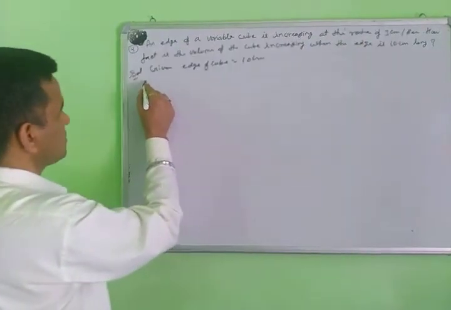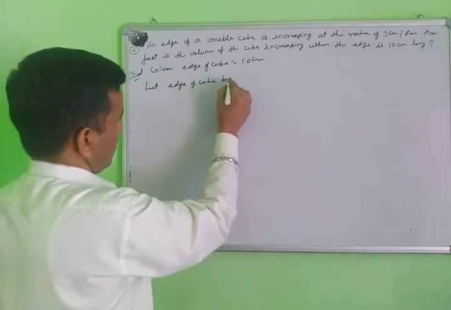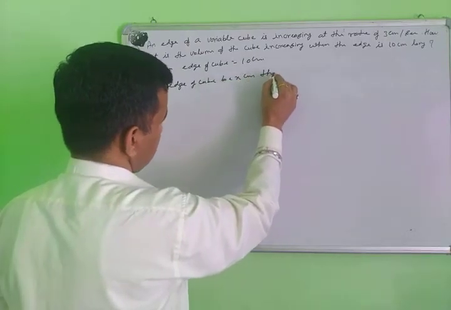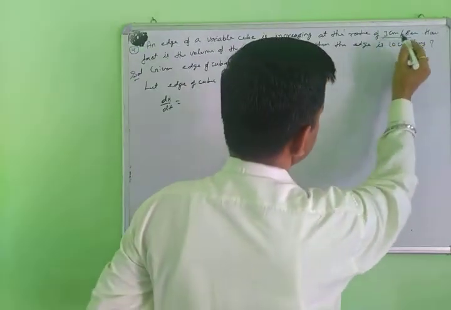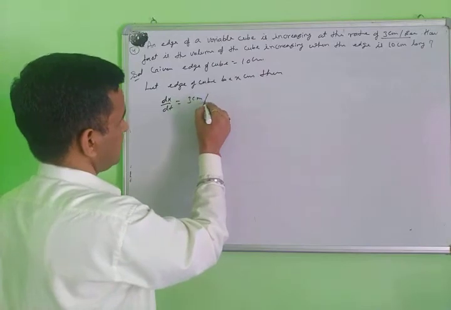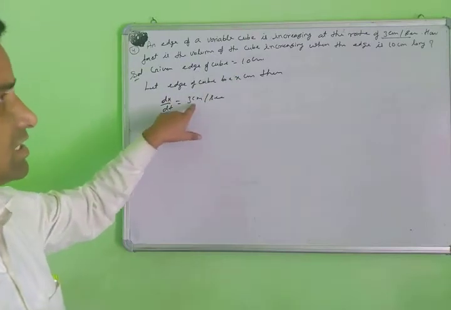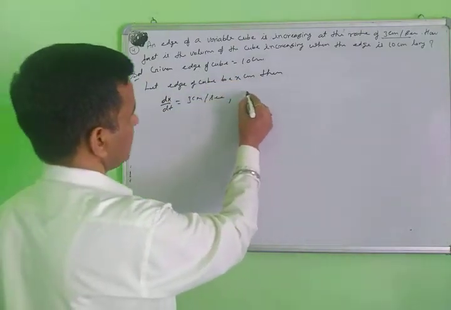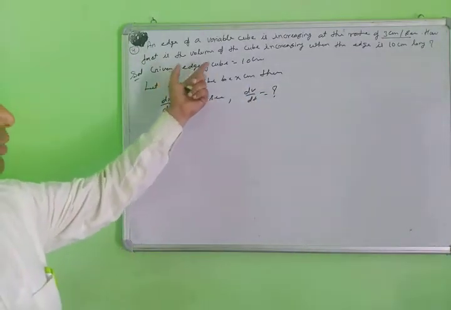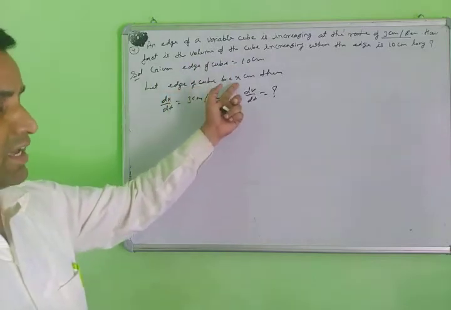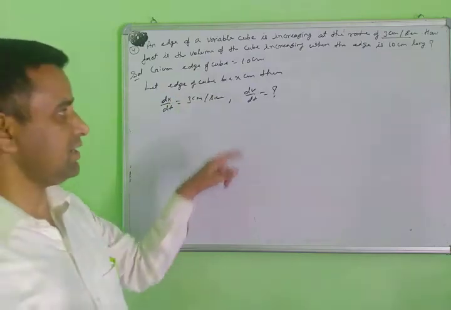Let the edge of the cube be x centimeter, then dx over dt is given as 3 centimeter per second. As we are assuming the edge as x centimeter, dx over dt will be 3 centimeter per second, and what you find here is dV over dt.